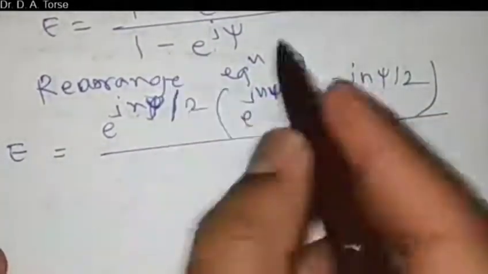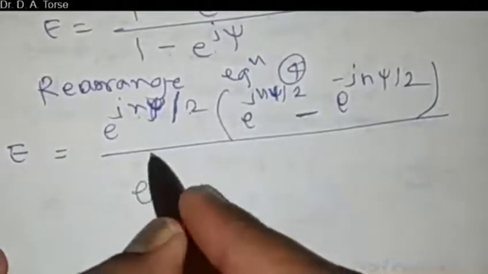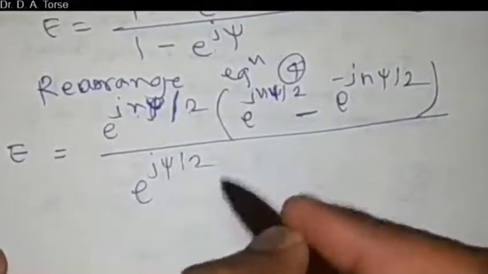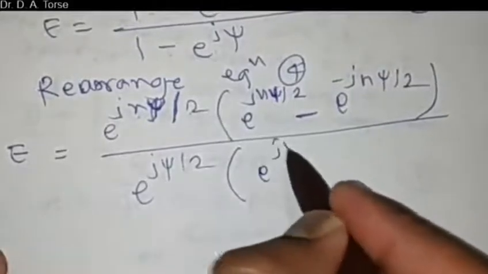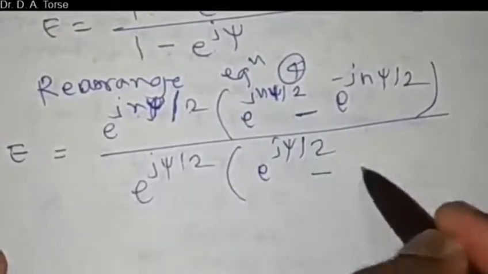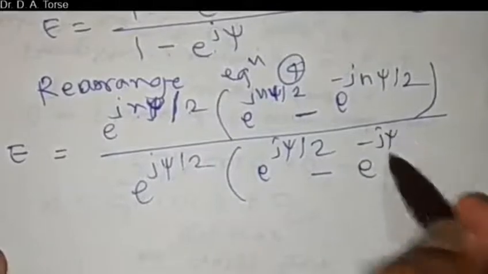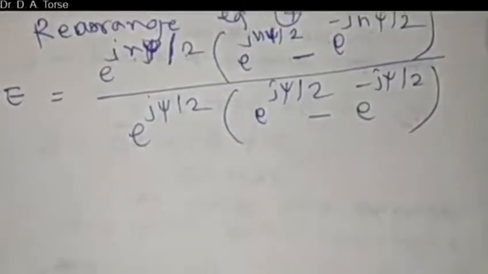In the denominator also we do a very similar exercise. We take e to the power j psi by 2 and in the bracket we represent e to the power j psi by 2 minus e to the power minus j psi by 2. So I hope you understand now.